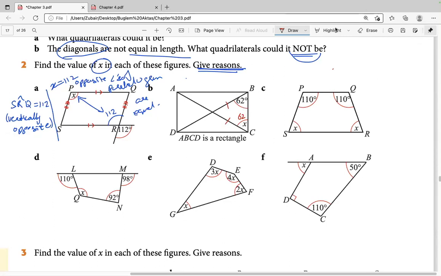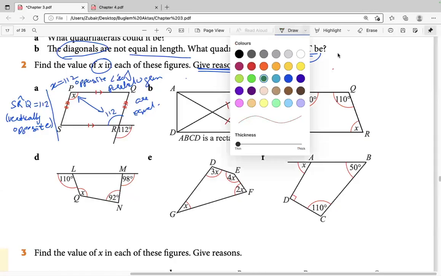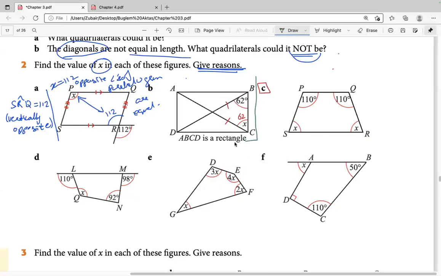Okay, C part. So I know that the x's are both equal, so it can be 70.